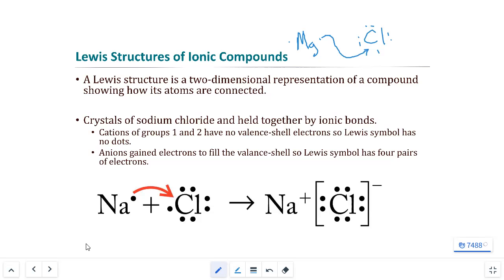That first electron goes, chlorine gets filled up. I end up with a magnesium that still has a dot and a positive 1 charge, and a chloride that is completely filled.